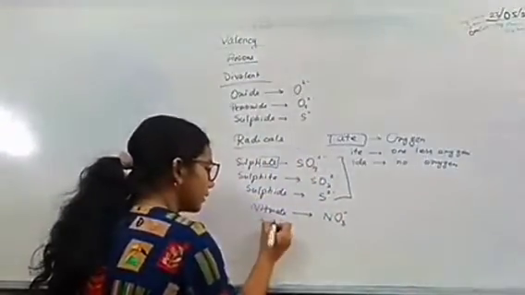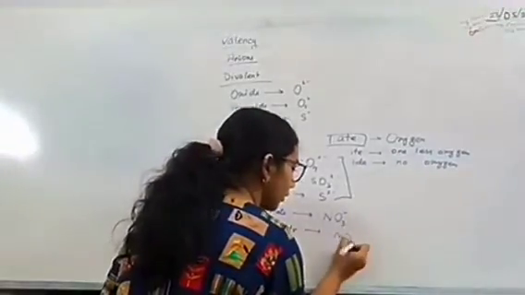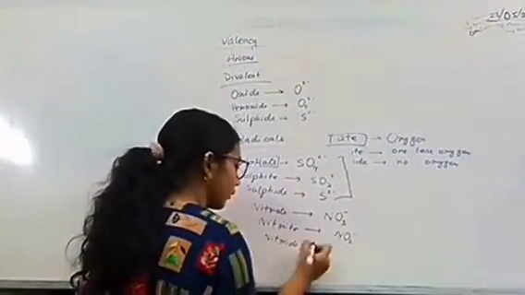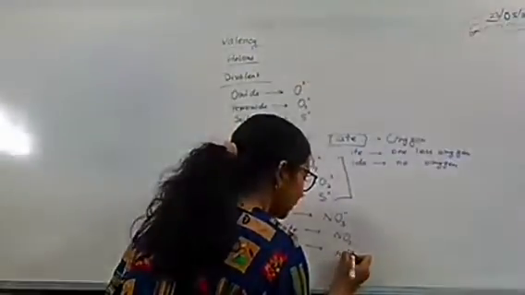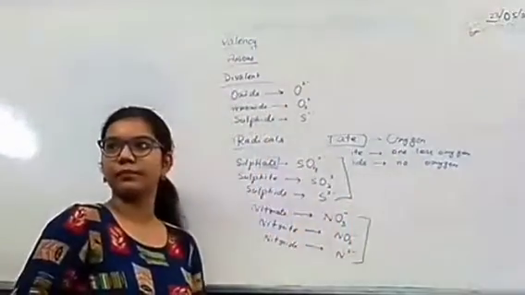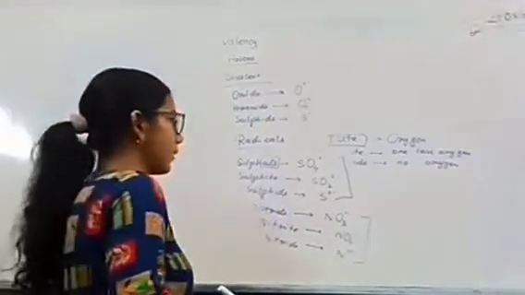Then nitrite, one oxygen less. Nitride, there will be no oxygen, N3 minus. So we will learn this in this way. Learn it series-wise. It will be easier.